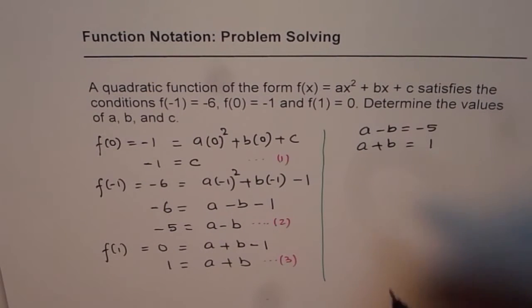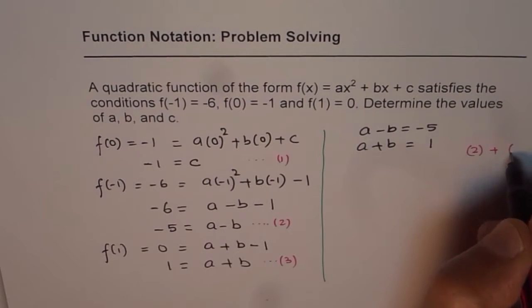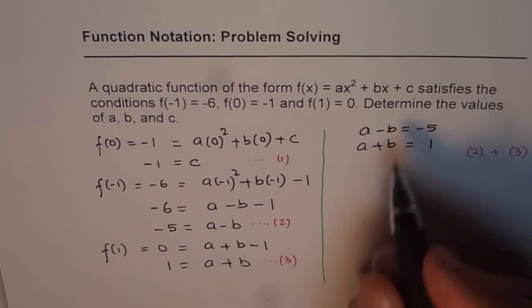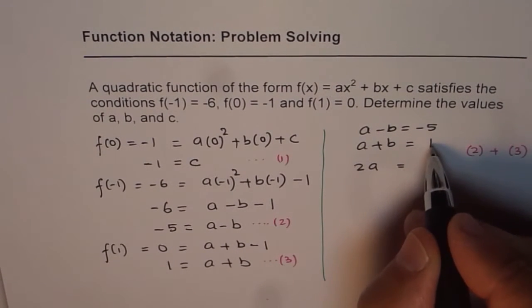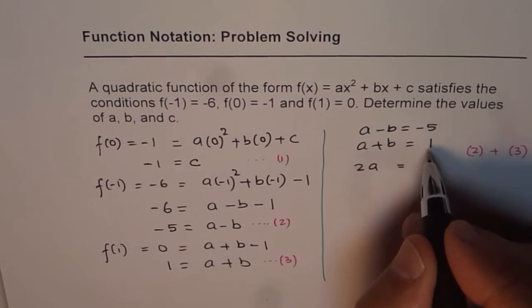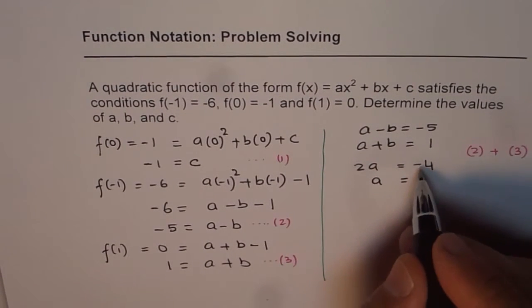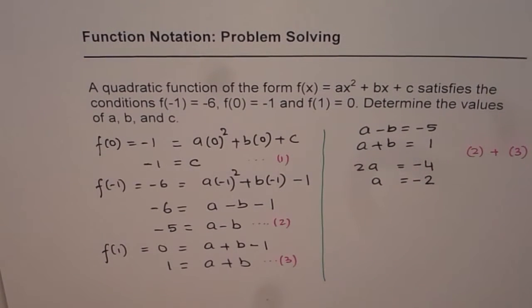If I add equation 2 and equation 3, I can eliminate b, right? So I get 2a equals minus 5 plus 1, which is minus 4. Or a equals minus 4 divided by 2, which is minus 2. So we get the value of a, correct?